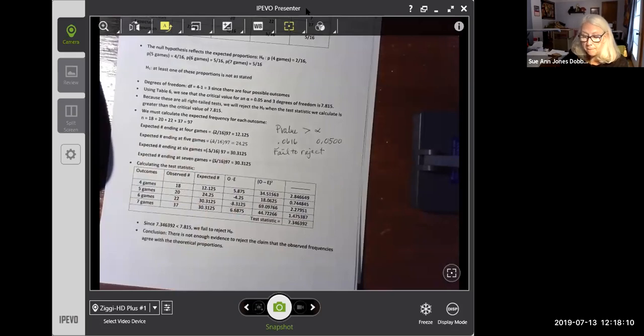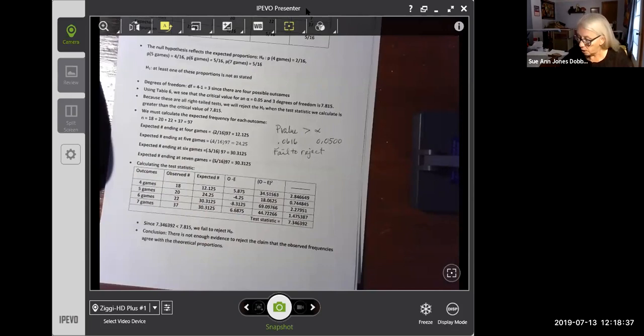Okay? So honestly, I do not expect you guys to do these by hand. I expect you to use StatCrunch and do them using the p-value method. But if I ask you for a critical value, you should be able to use Table 6 to get it. And you should be able to use the results from StatCrunch to tell me what the test statistic is, right?